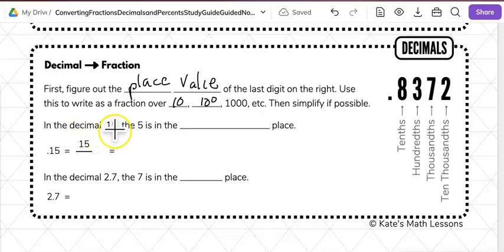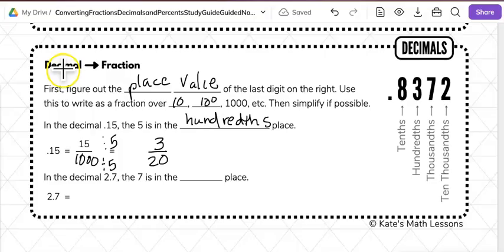If the decimal is 0.15 and the 5 is in the hundredths place, so this can help you over here on the right. Then I'm doing 15 over 100. I'm going to divide each side by 5, or again, simplify it in your calculator, and you'll get 3 over 20 as your answer.